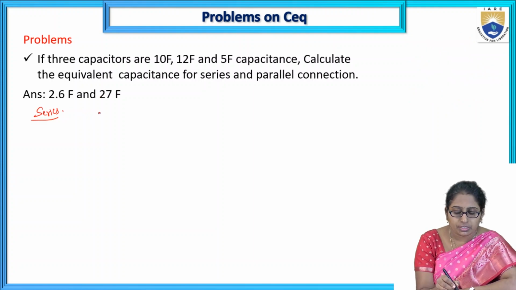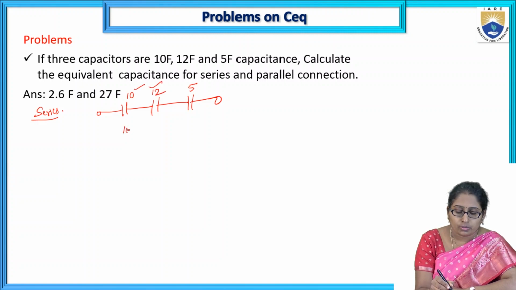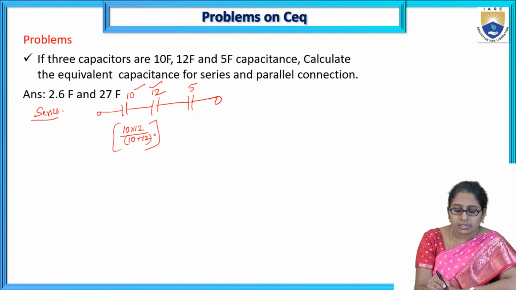Three capacitors in series, with values like this. First these two are in series. When two capacitors are in series, product by sum, right? Then the equivalent of these two, 10 and 12, is in series with 5.